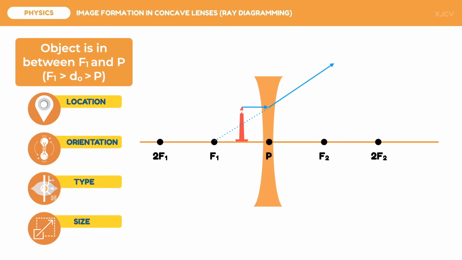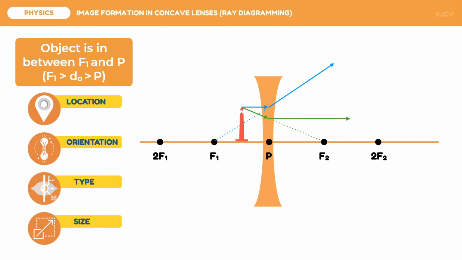For the second ray, we have the focal ray. The incident focal ray should reach the lens with respect to f(2). We first draw an imaginary segment from the tip of the object going to f(2). Second, we can now draw the incident ray from the tip of the object going to the lens. For the refracted focal ray, we draw a ray going away from the lens but parallel to the principal axis.